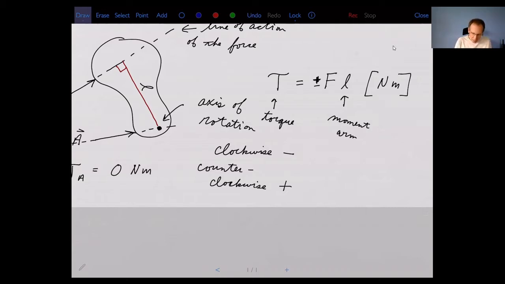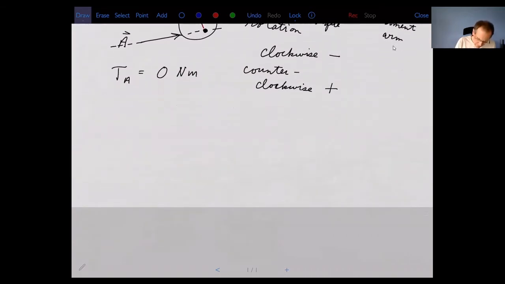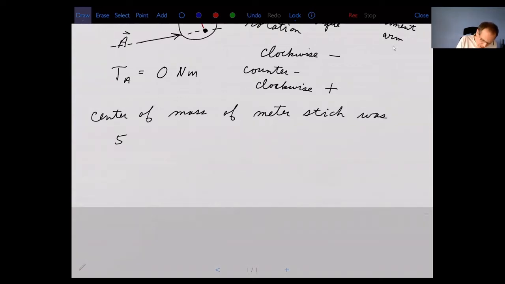And what I found was that the center of mass of the meter stick was 50.1 centimeters, or if I convert that to meters, it's 0.501 meters.